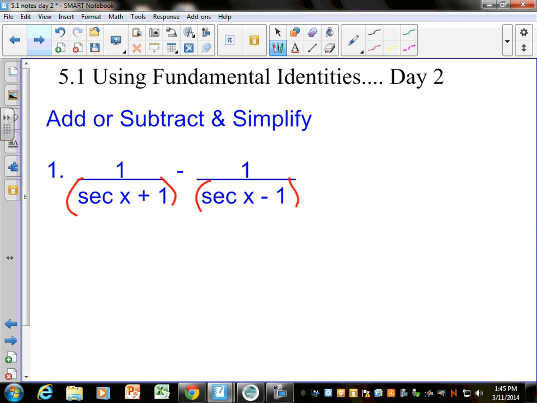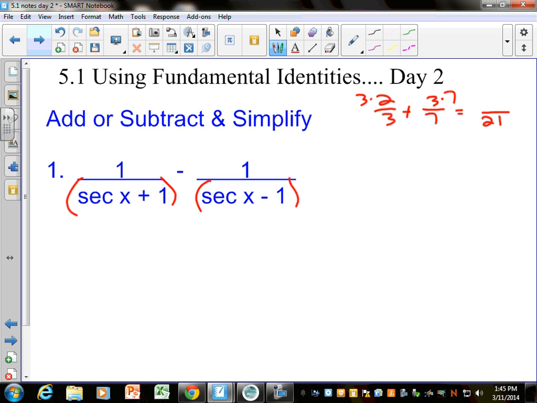Which means, the nice thing about this is, can I just multiply this fraction by this denominator and this fraction by this denominator? That's how I'm going to get my common denominator. You with me on that? If I had 2/3 plus 3/7, those denominators have nothing in common, so to get a common denominator, I just multiply those together, and then I say, well, I need to multiply this side by 3 and this side by 7, and then it all works out.